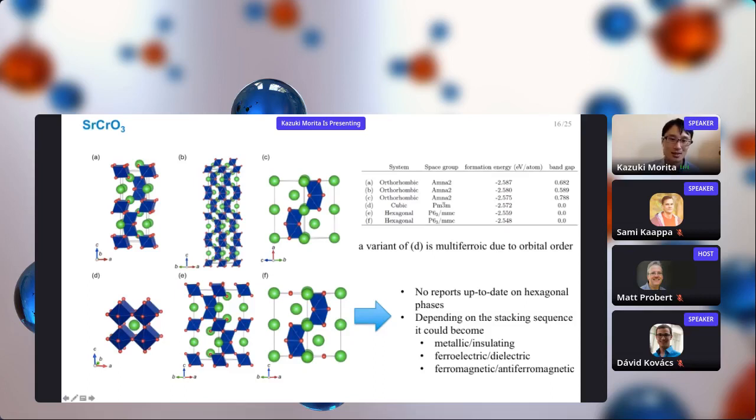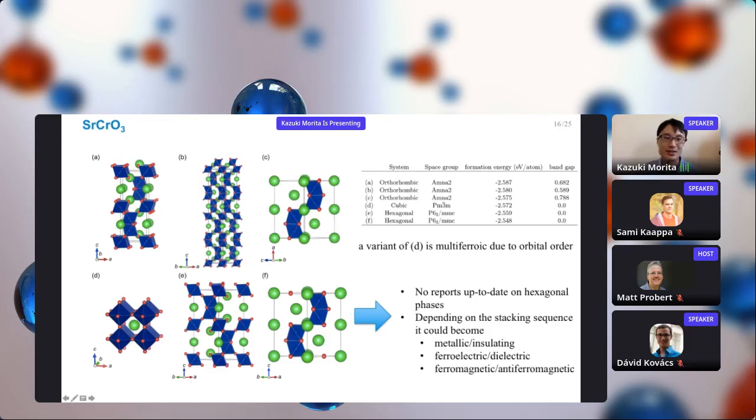Of course, such multiferroic materials are very difficult to treat, so maybe you need a higher level of theory like DMFT, but within this hybrid functional DFT, we could expect very interesting behavior depending on the subtle change in the stacking.